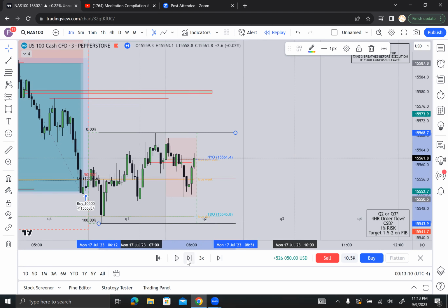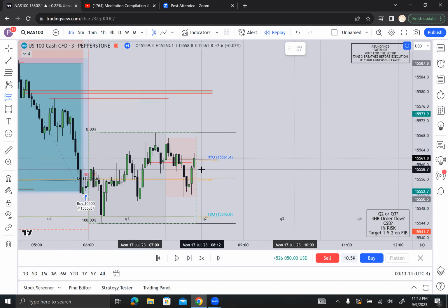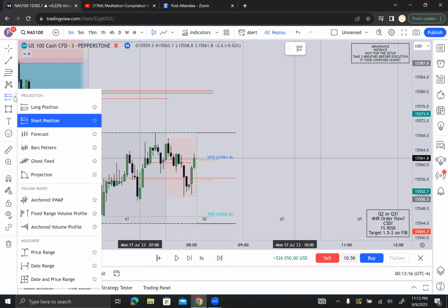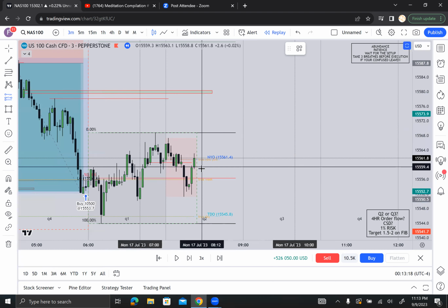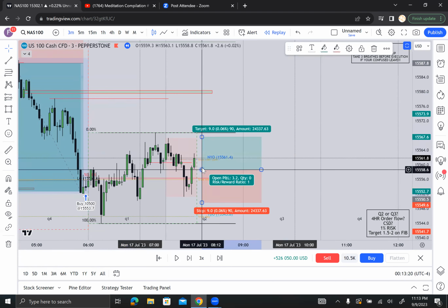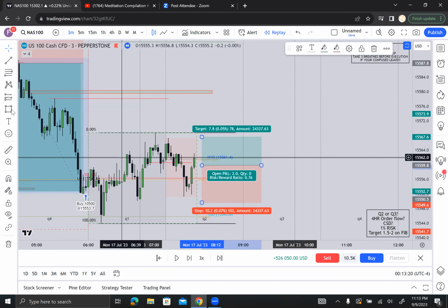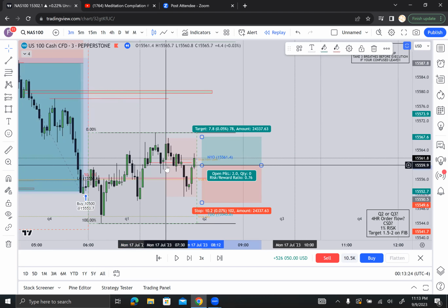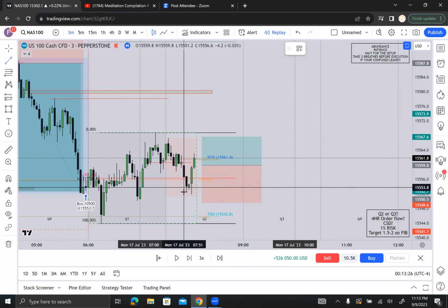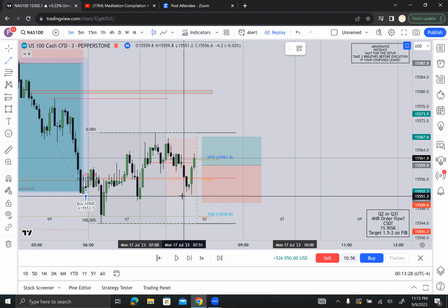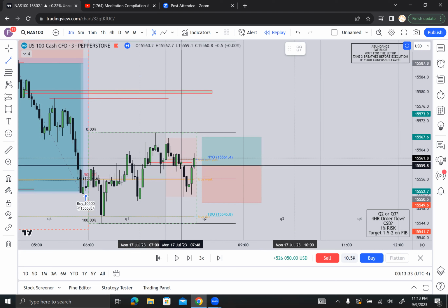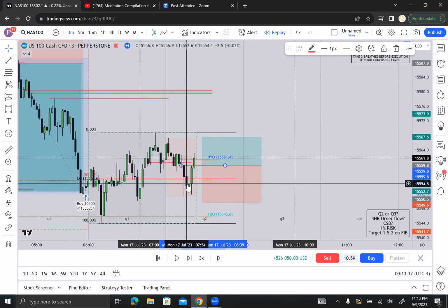So I would like to take the next entry based off of the CSD off the second one, the one that actually swept and gave us the wick that swept this internal liquidity, right? So I'll go off of that one, just because here it gave us CE.